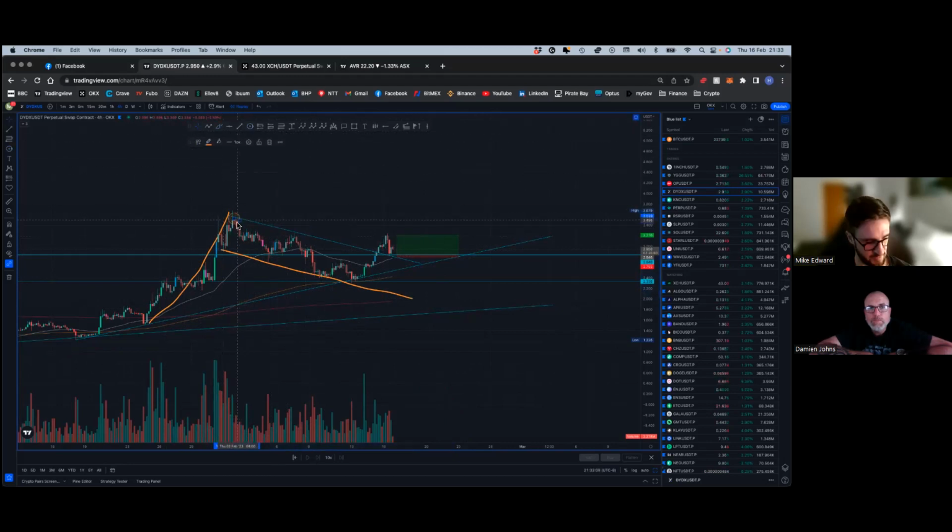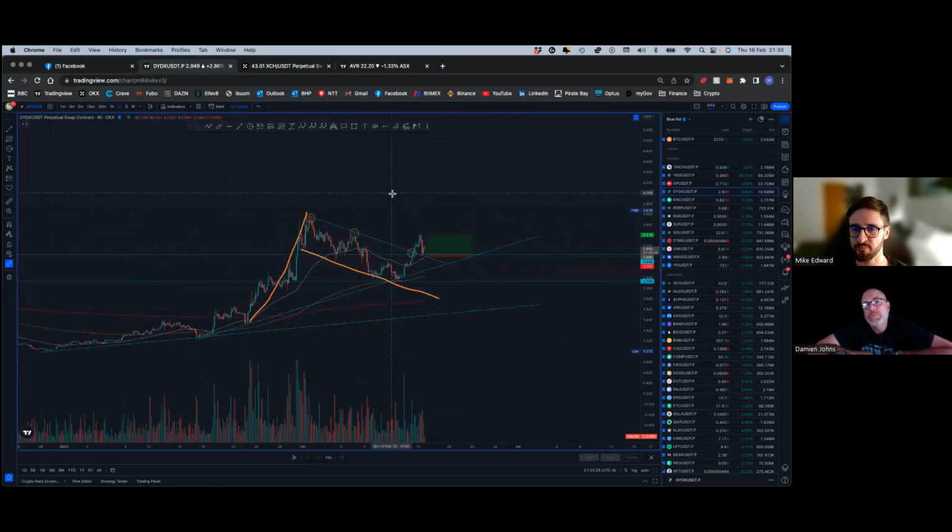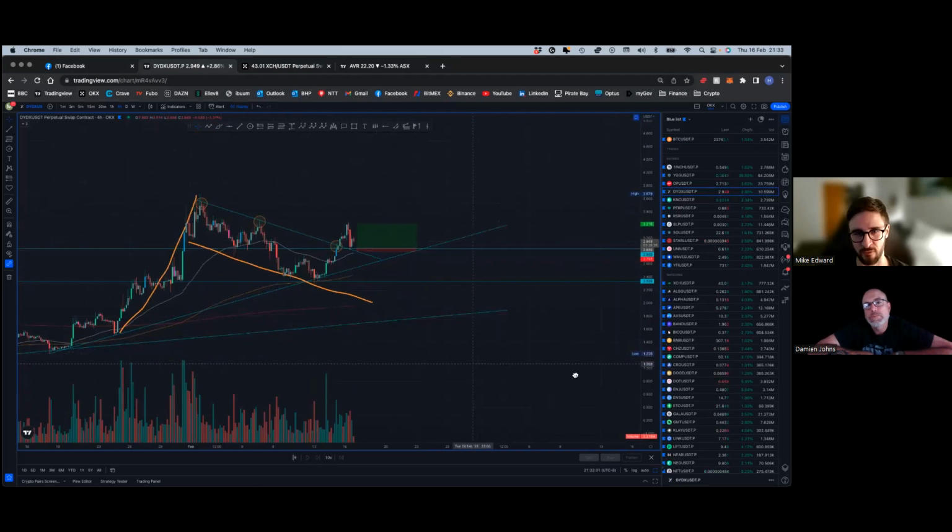There's one touch on the top of the flag, a second touch, and with these wicks, a third touch. I'd normally like to see a third touch, it come back down again a bit and then burst out. It's just burst out here straight away, which is quite bullish from this initial push. Still, it's respecting a lot of the rules of a flag.